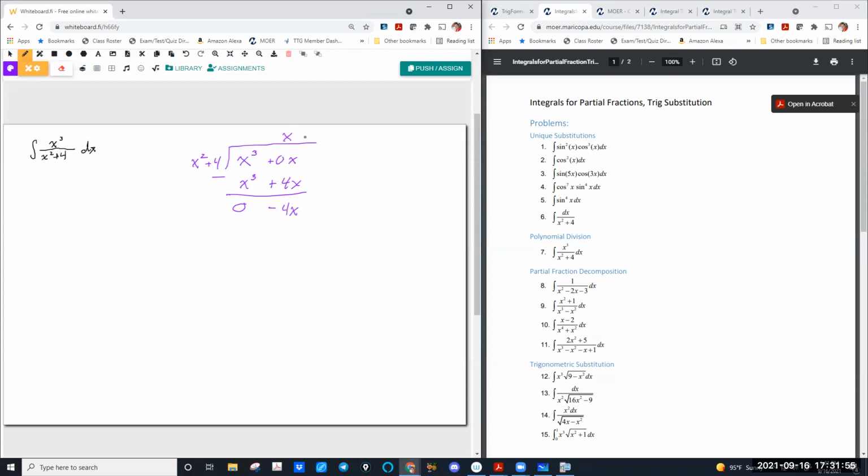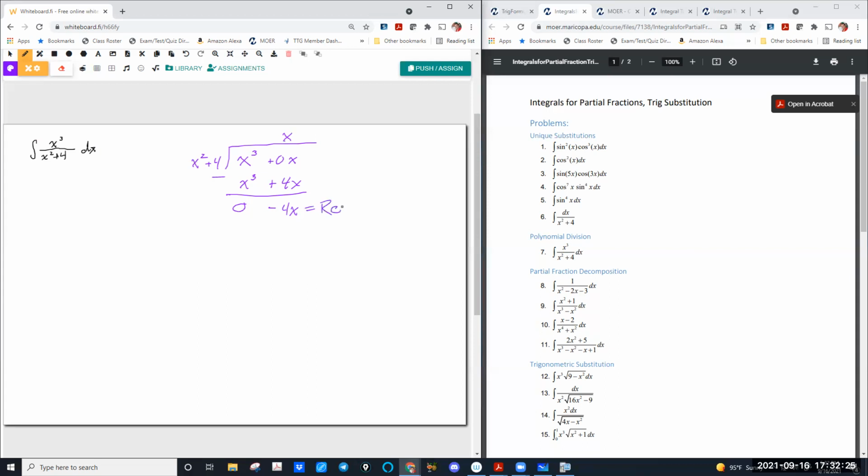Next you say, okay, is there any whole multiple of x, integer power of x? Well, we already did x, so the only thing left to do next would be a whole number. But there's no whole number I can multiply x squared by to get negative 4x to cancel. Yes, we could multiply by 1 over 4x, but we don't want to do that. We only want to keep this a polynomial. So we've gone as far as we can.